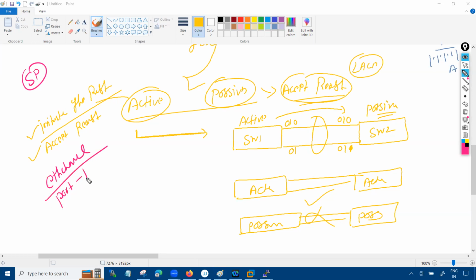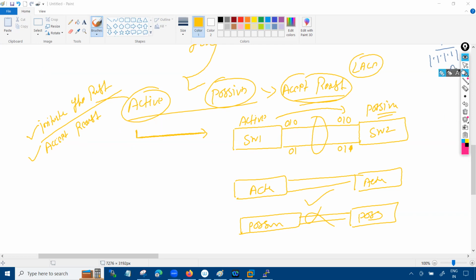Bundle means we have multiple links. You can do it as layer 2 and layer 3 as well. Layer 2 is what we are doing right now, and you can do it on layer 3 as well. So on switch 1, or we can say router 1 and router 2, they are using the active scenario. But it doesn't mean that you cannot use active and passive. You can use active and passive.